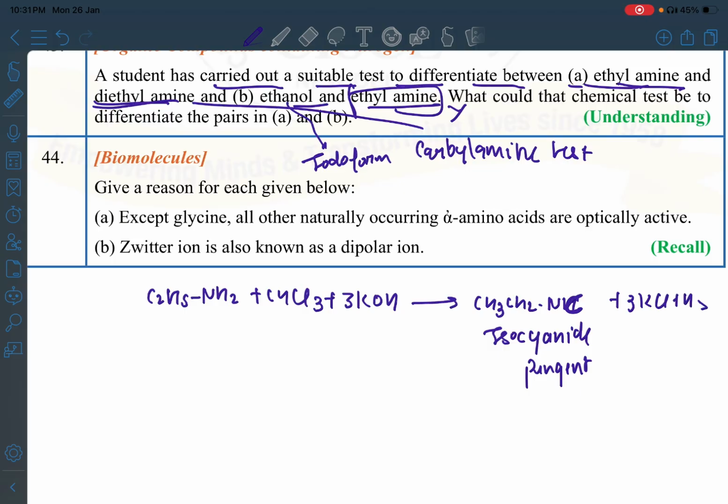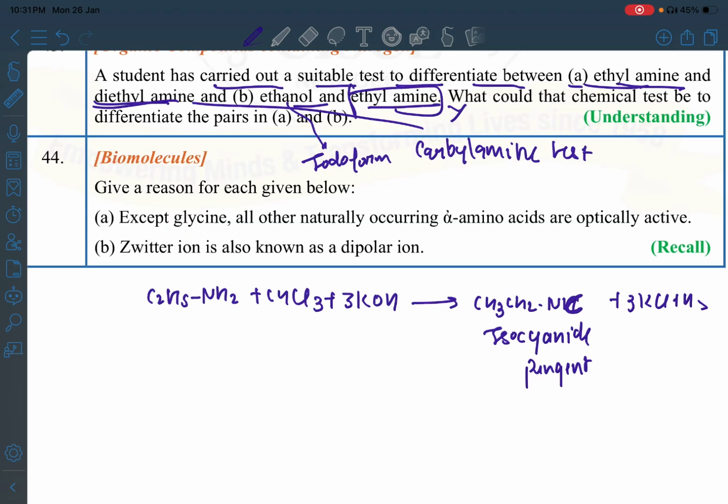So only primary amines and aniline give this test, whereas diethylamine doesn't. A secondary amine doesn't give this test.